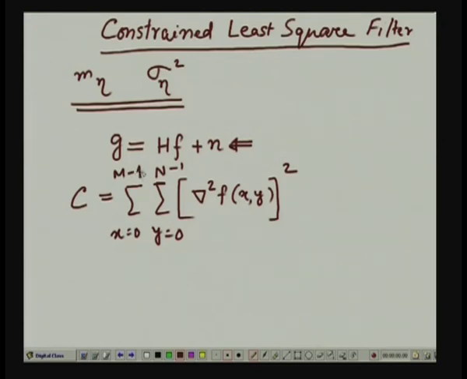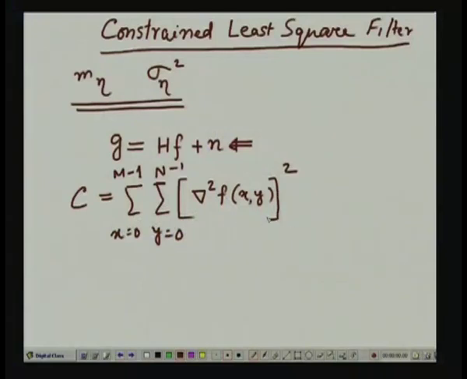Our assumption is that the blurred image we have obtained is of size capital M by capital N, where del square f(x, y) is nothing but the Laplacian operation.